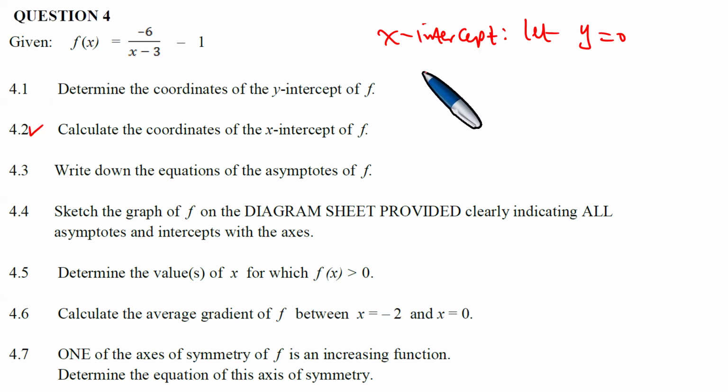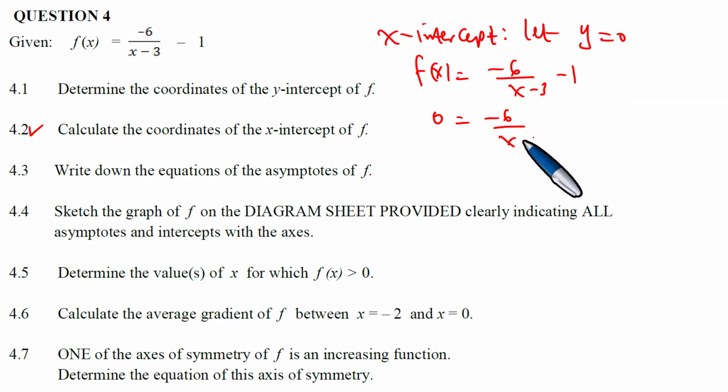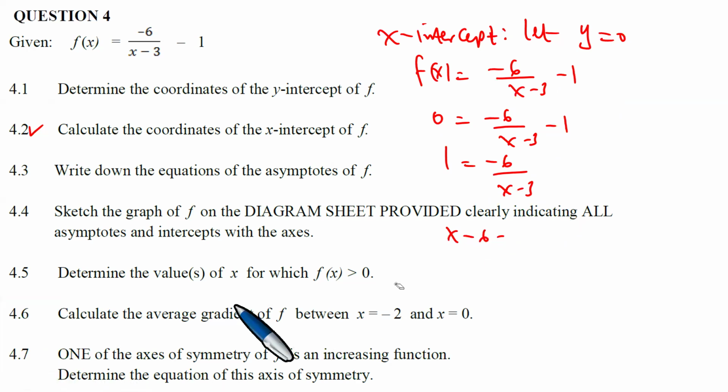Right, so we let y be 0 in the function f of x equals minus 6 over x minus 3 minus 1. If y is 0, then you have 0 is minus 6 over x minus 3 minus 1. This means x minus 3 equals minus 6, which means x is 3 minus 6.